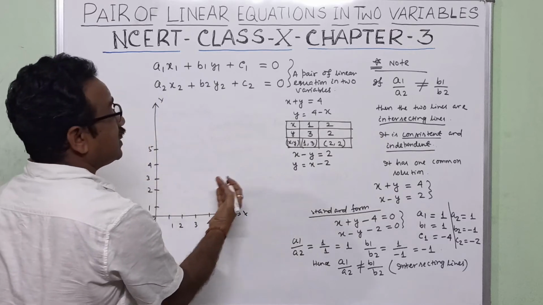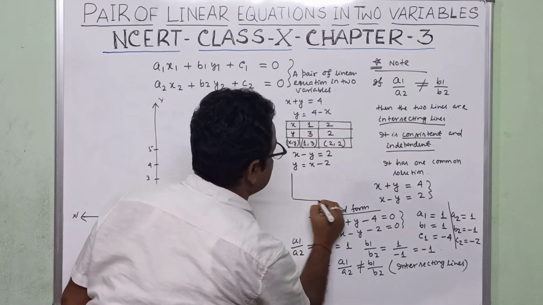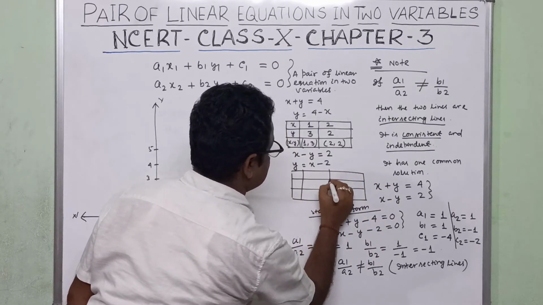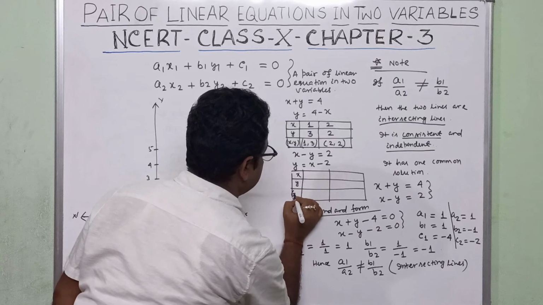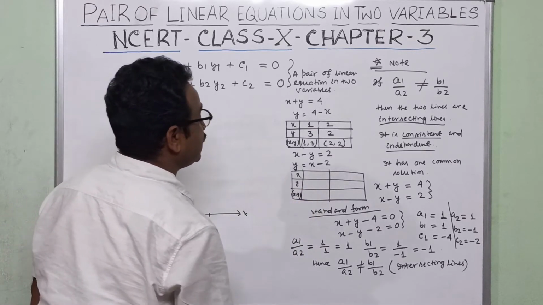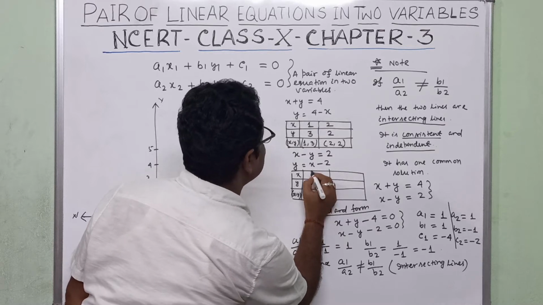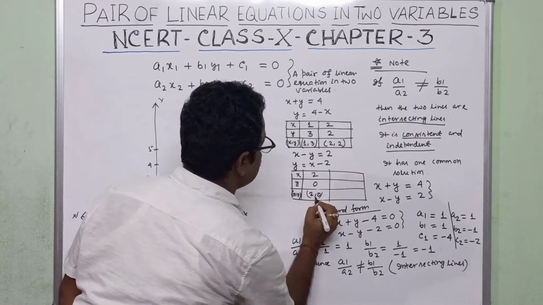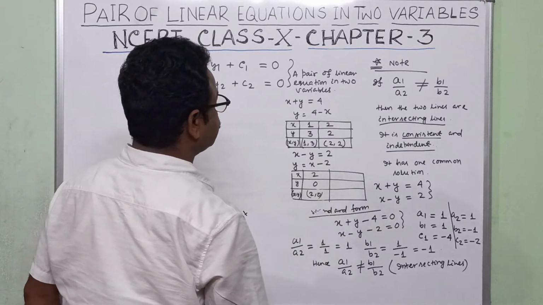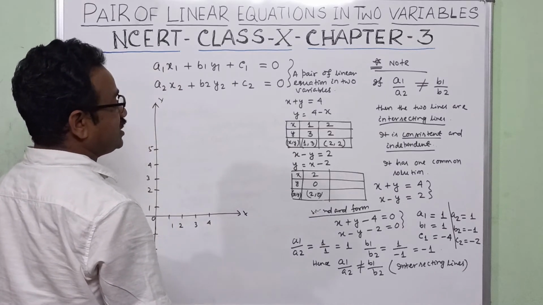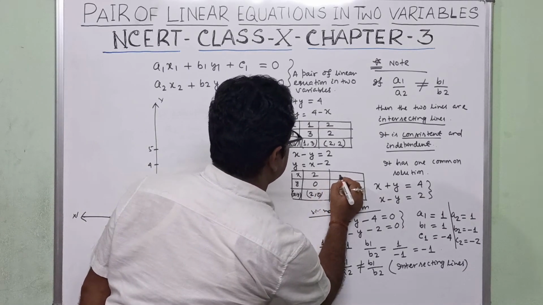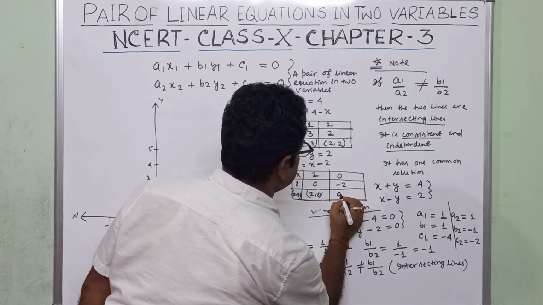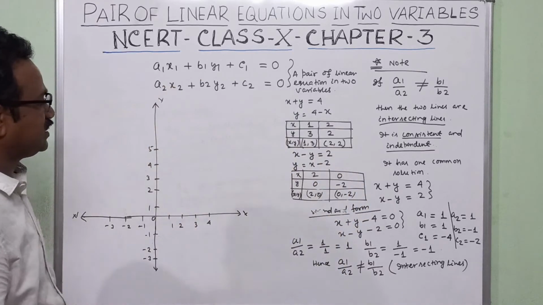Now here x, y coordinates. If x is equal to 2, then y will be 0, so (2, 0). If x is 0, then y is minus 2, so (0, minus 2). Let's see what is going on.